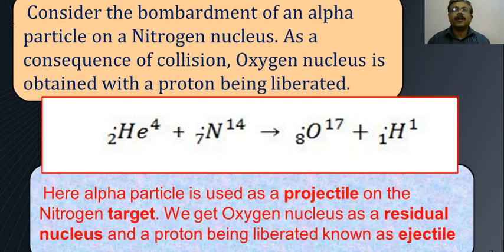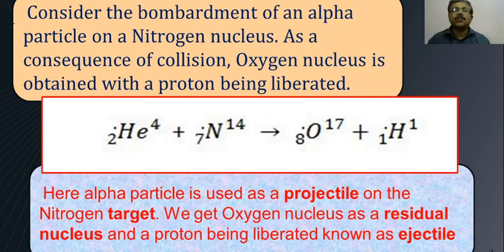Let us take a very simple example where an alpha particle is projected towards a nitrogen nucleus. As a consequence, we can see oxygen-17 is formed, leaving behind one proton. The alpha particle which is colliding with the nitrogen nucleus, we call the projectile.